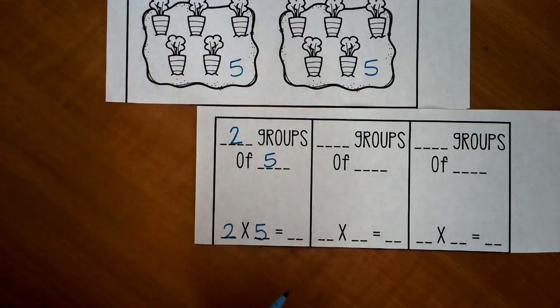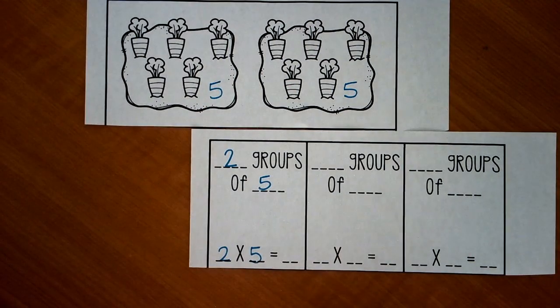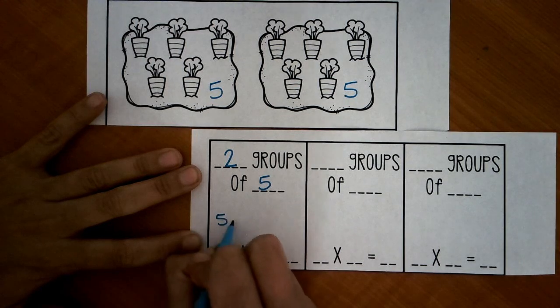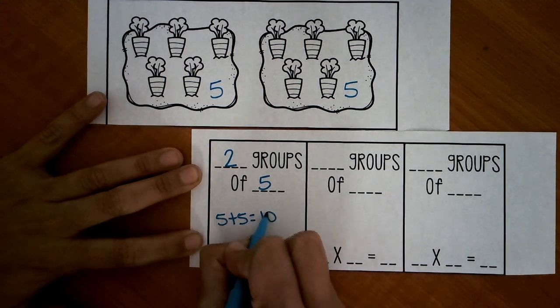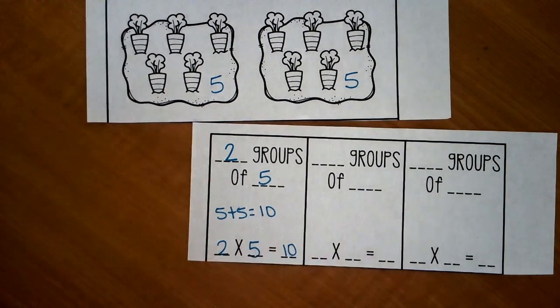That is what this means. Now look at here. If I showed my work, I already did my repeated addition. So I can say 5 plus 5 equals 10. So 2 groups of 5 equals 10.